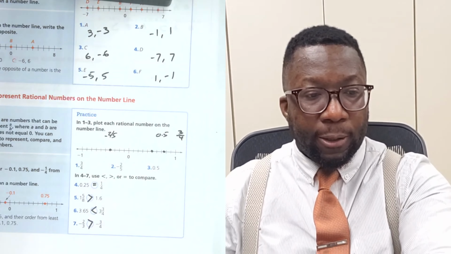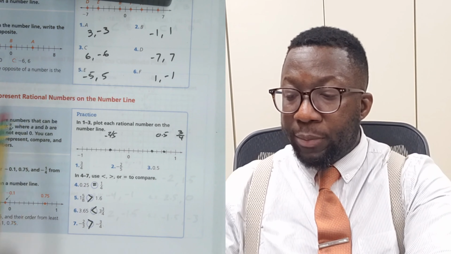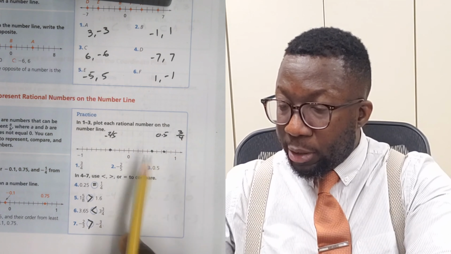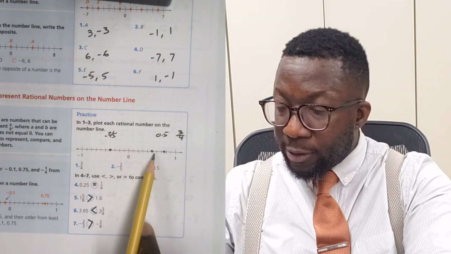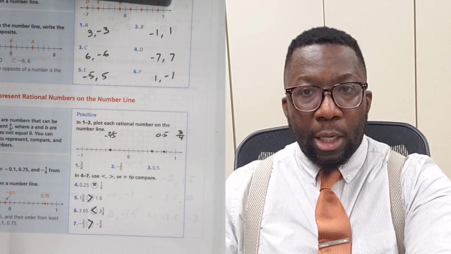When we take a look at the number line for 2.2 and being able to represent rational numbers on the number line, when we look at 0 to 1, we'll notice that there's 1, 2, 3, 4, 5, 6, 7, 8, 9, 10.